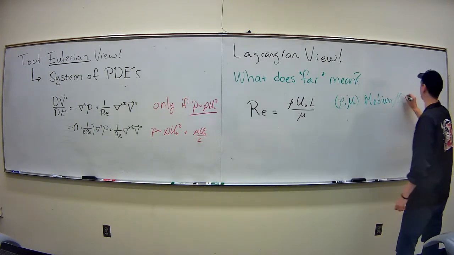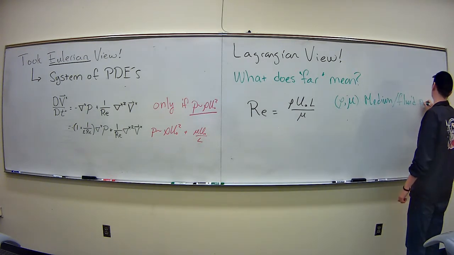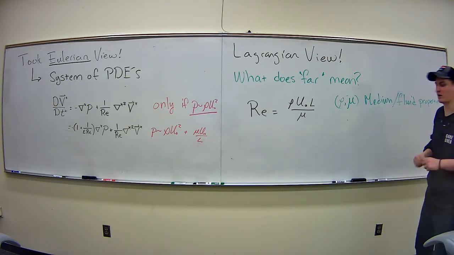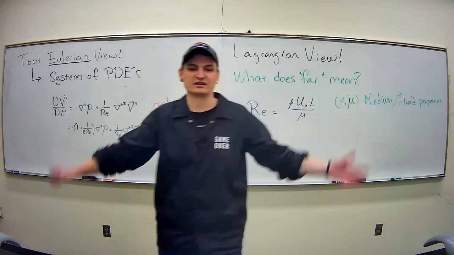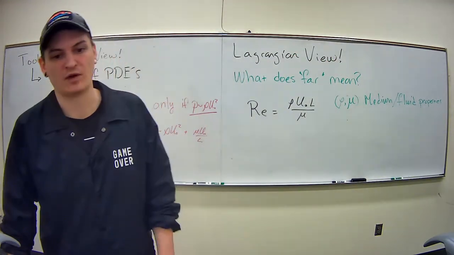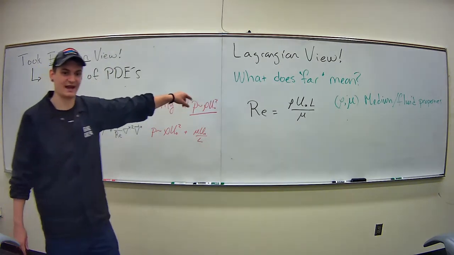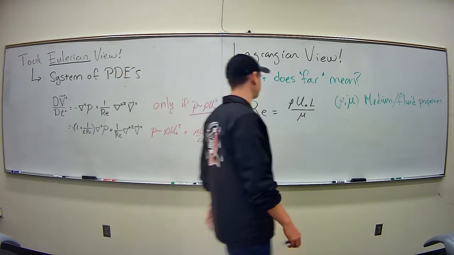They're fluid properties. They're really thermodynamic properties. Importantly, they don't change however you decide to think about your problem. You pick a fluid, those things are set. You can't change that.